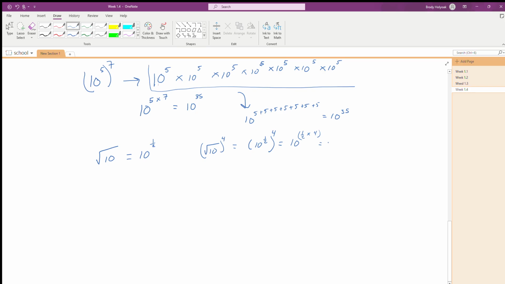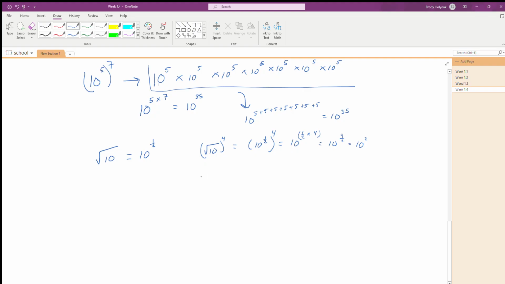So then I'm left with 10 to the 4 over 2, or 10 squared. Now all of a sudden these roots are just a number. We can easily solve for them and we can easily put them in any of these other equations.